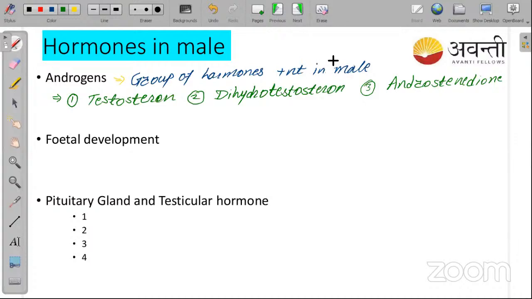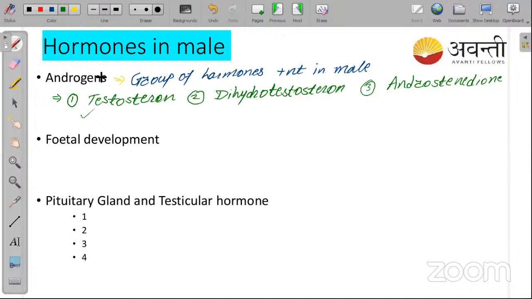This is the group of hormones which are present in androgen. Actually, Nandish, there are again different types of hormones here, but they are not of much use. That means they are not in our syllabus either. That's why this is just informative. We just put these three names for the group of hormones of androgen, and we want to discuss testosterone here.